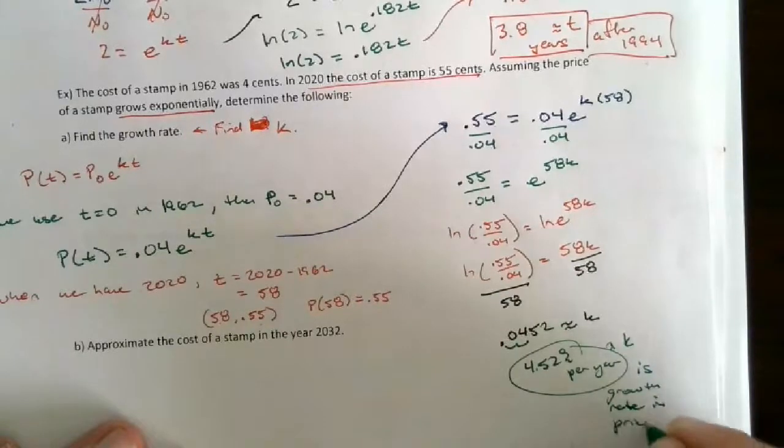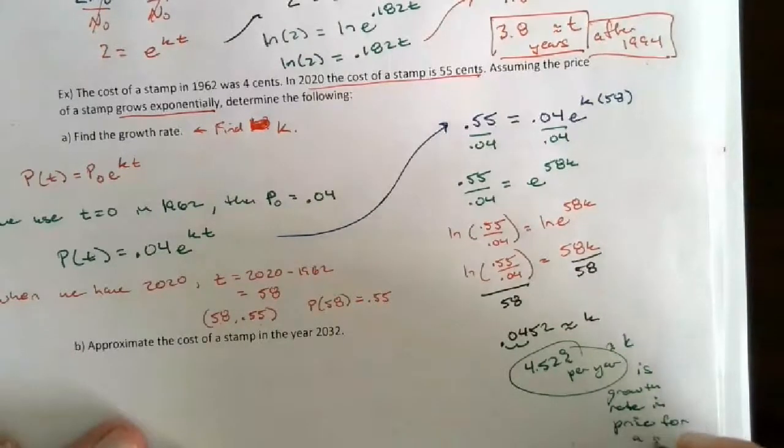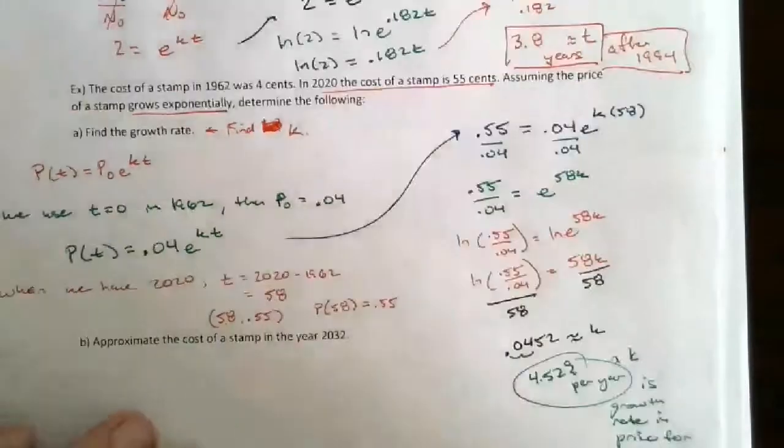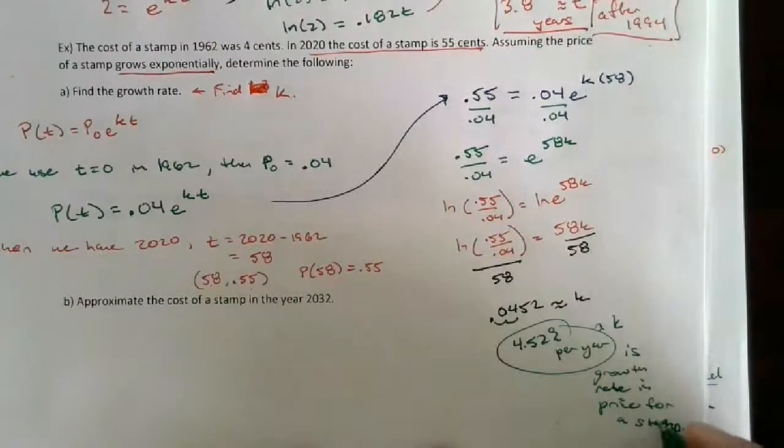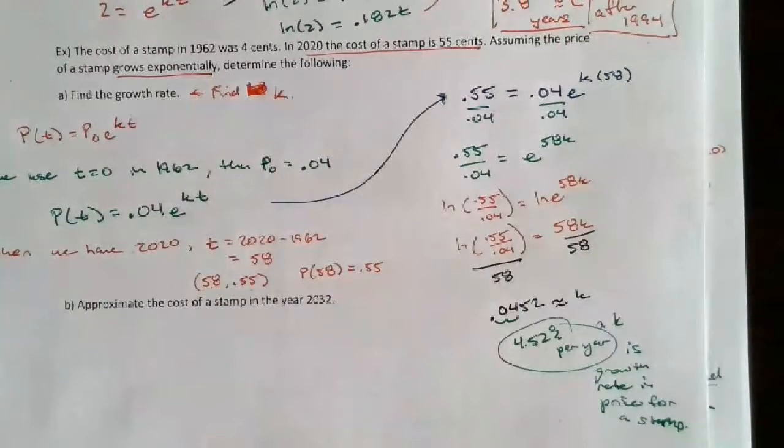Just so you remember what we're talking about, the growth rate in price for the stamp is going up by 4.52% per year.